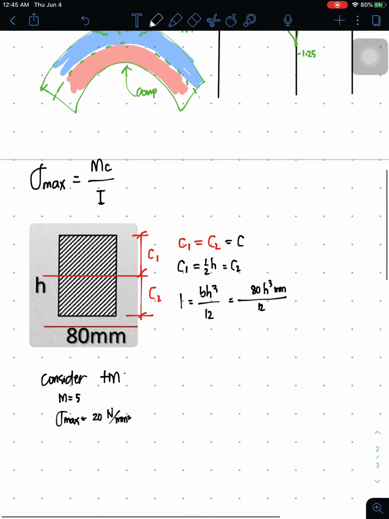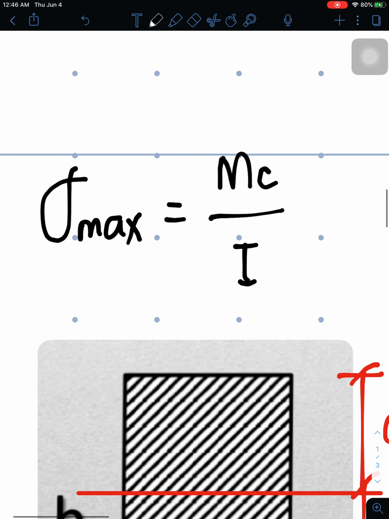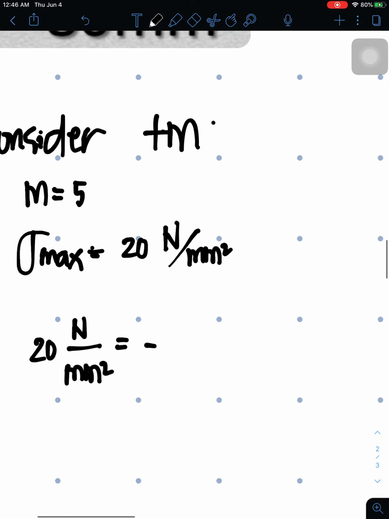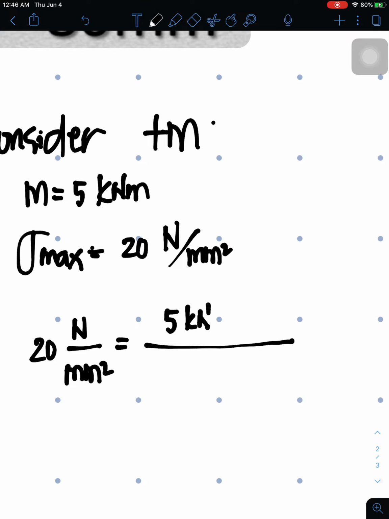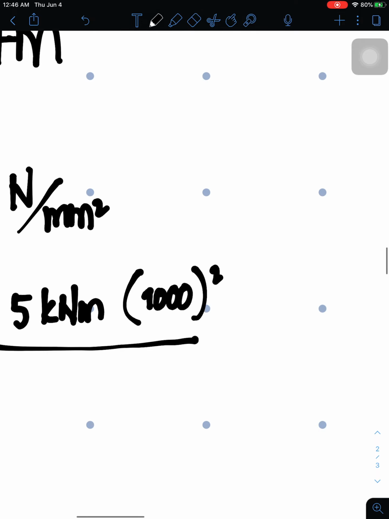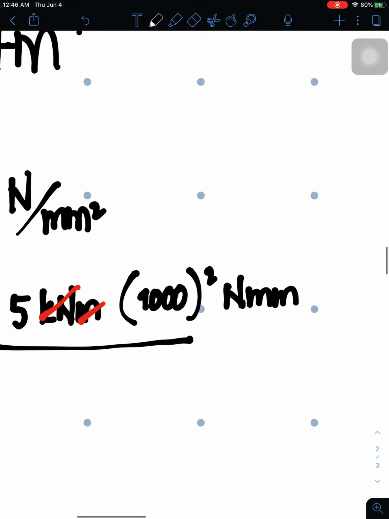Okay, let us substitute the values into Mc over I. So this is 20 newtons per square millimeter equal to M. This M here is in kilonewton meters, so that's 5 kilonewton meters. To convert it, multiply by 1,000 squared to make it newton millimeters, so the kilonewtons and meters cancel out.